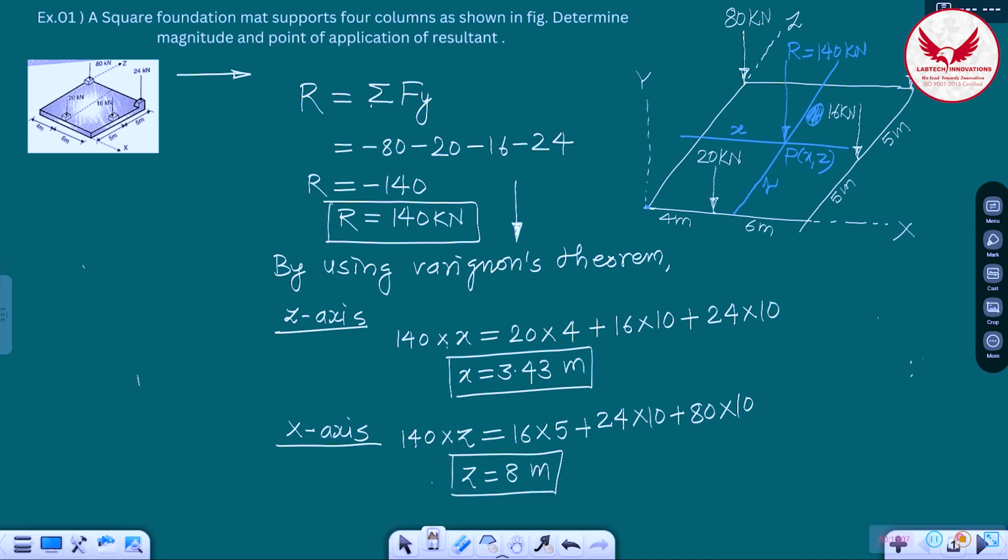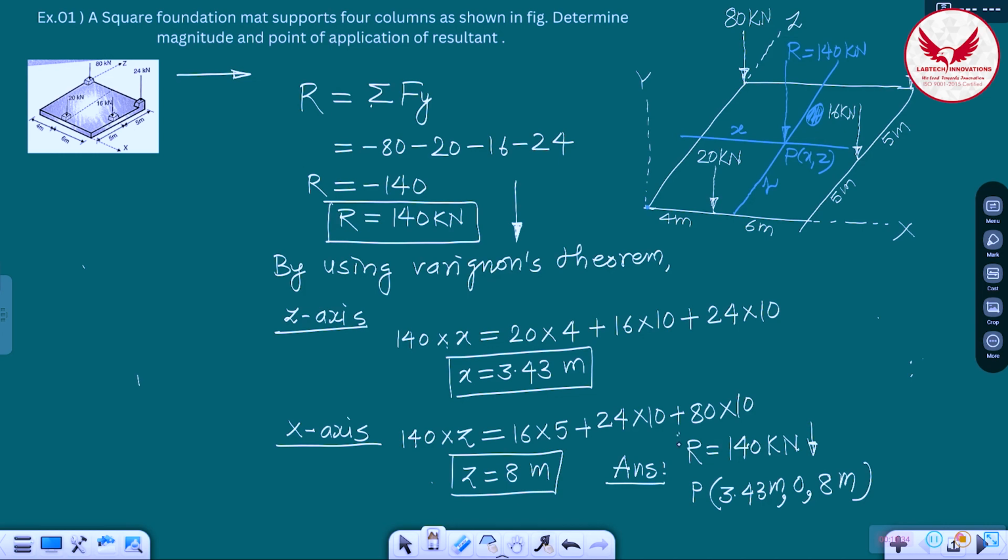And in the answer you can write that R is going to be 140 kilonewton acting vertically downward, and it is acting at point P. X coordinate is 3.43 meters, Y coordinate is 0, and Z coordinate is 8 meters.